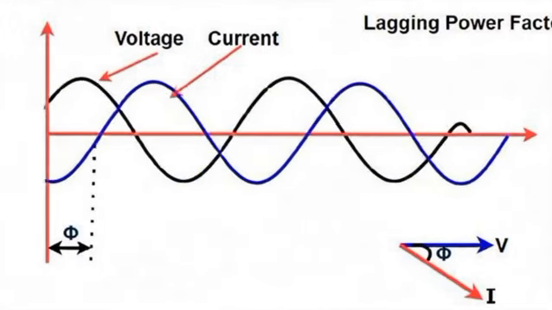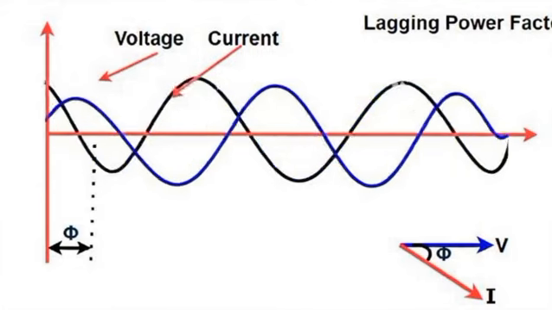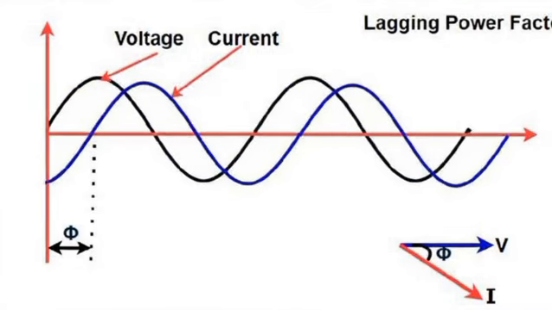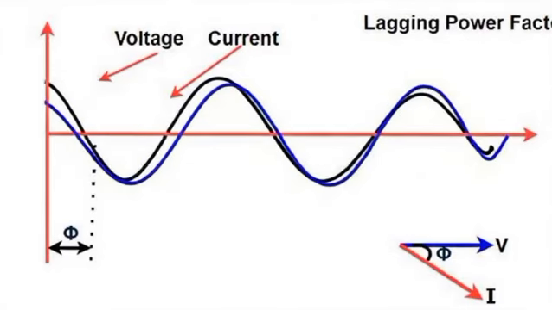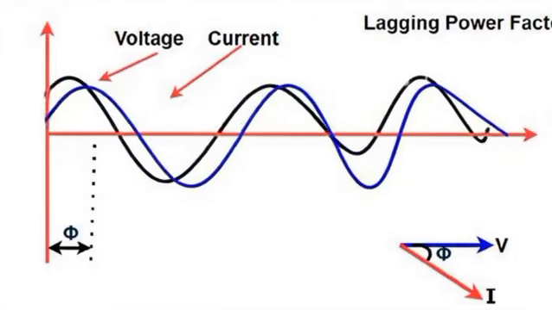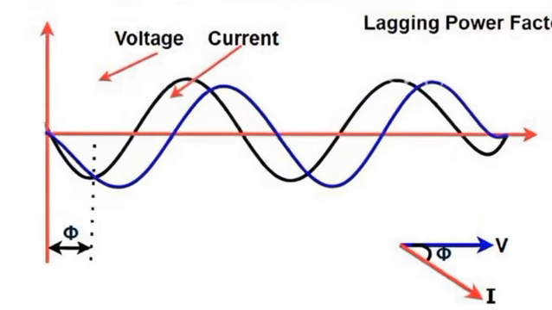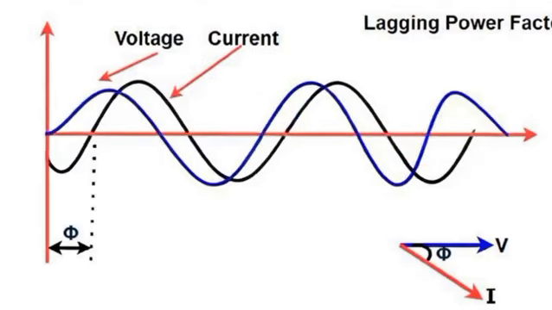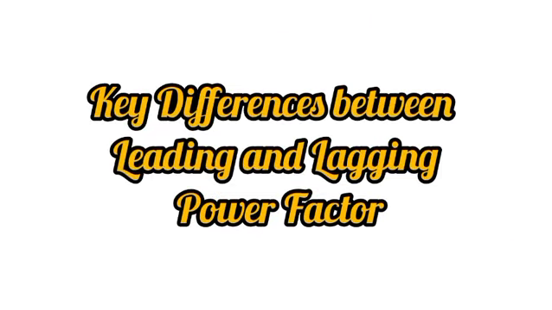Let us consider the waveforms of supplied voltage to an AC circuit and the current through the purely inductive load. Here the current encounters the zero crossings at some phase after the voltage, thereby giving rise to a lagging power factor. Key differences between leading and lagging power factor.